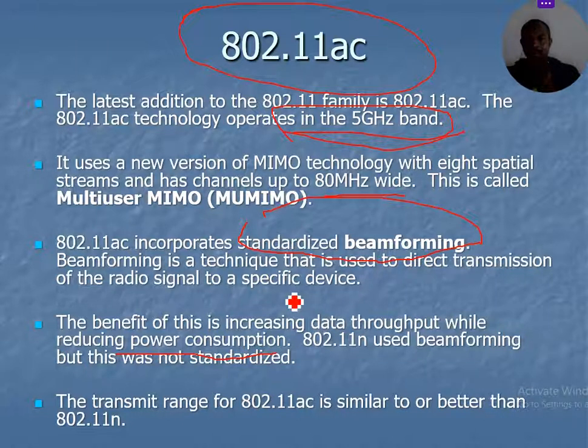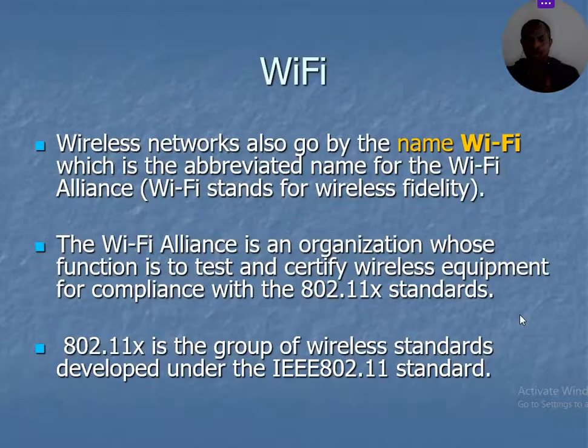The message or the data will only be delivered to the device that is designated in the first place. That's what we call beamforming. Okay, now the transmit range of the 802.11ac is similar to or even better than the 802.11n.